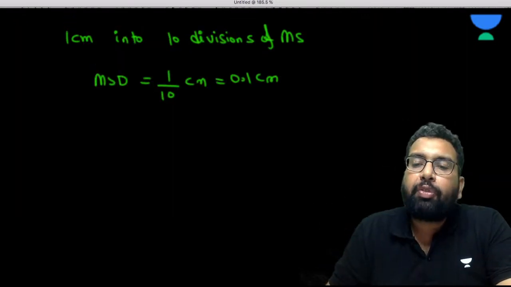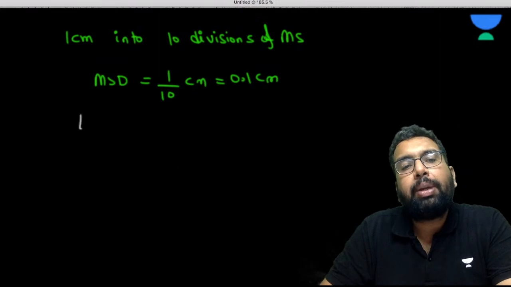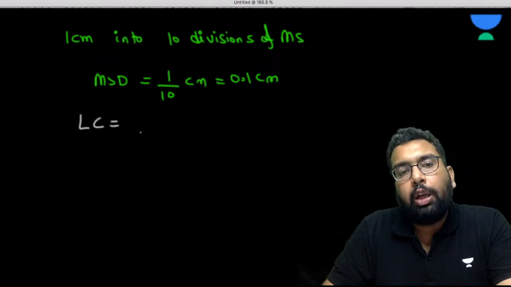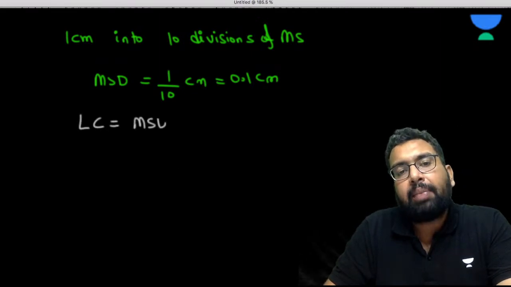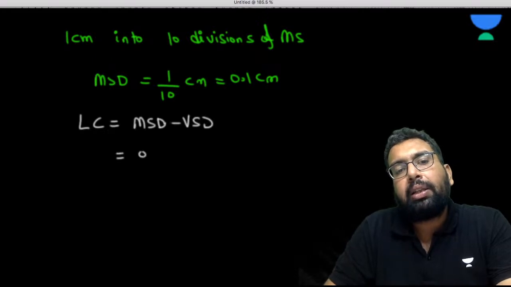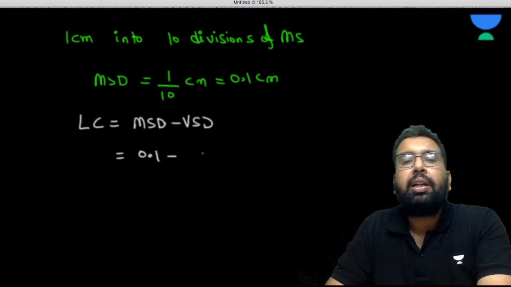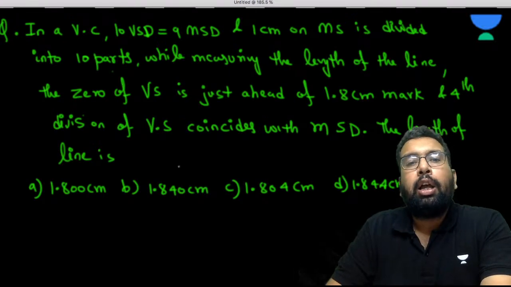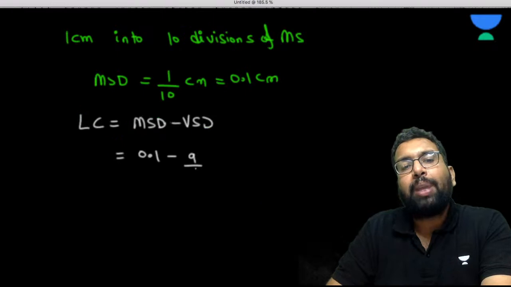The Vernier scale reading we have to obtain, and for that we will require the least count. So least count is the main scale division minus the Vernier scale division. The main scale division is 0.1, and the Vernier scale division is 9 by 10 of the main scale division.